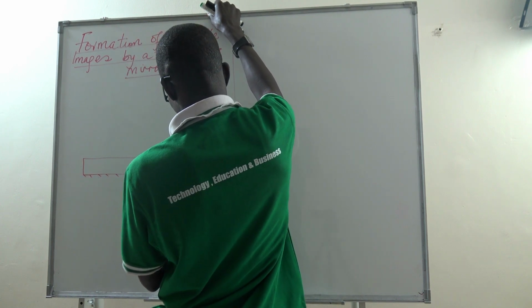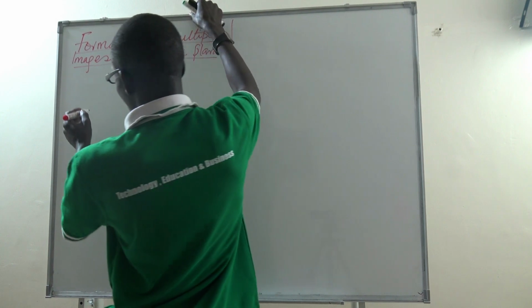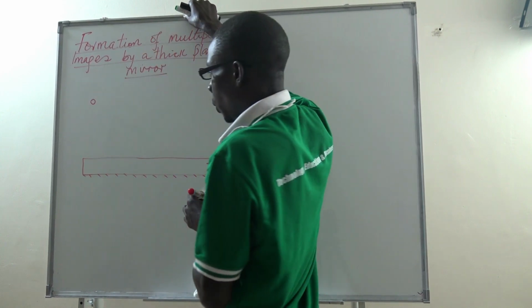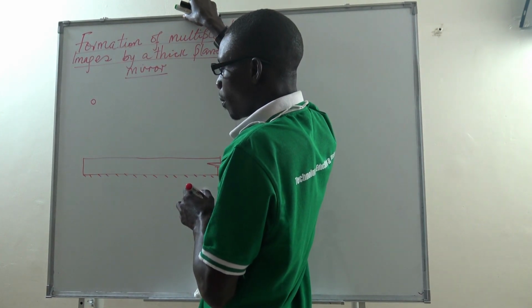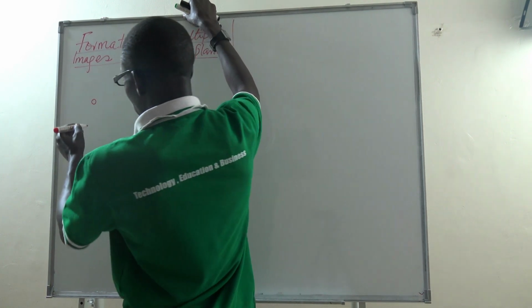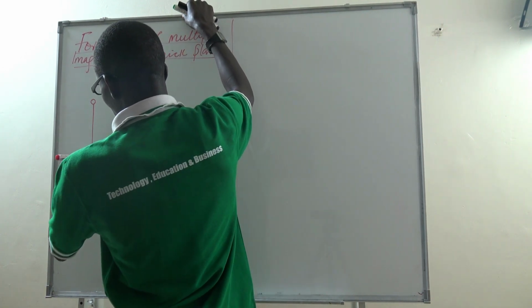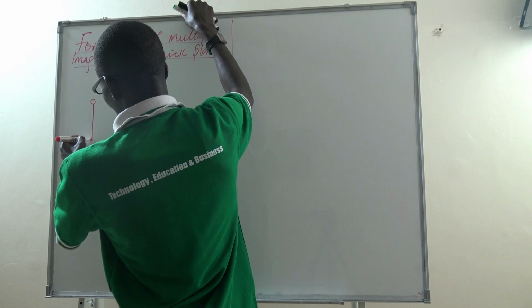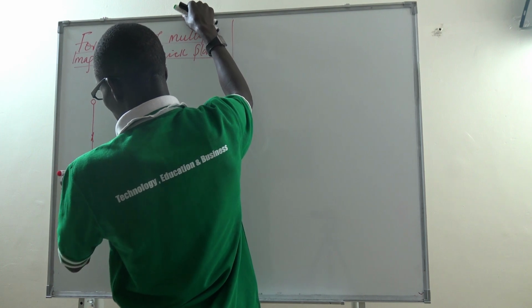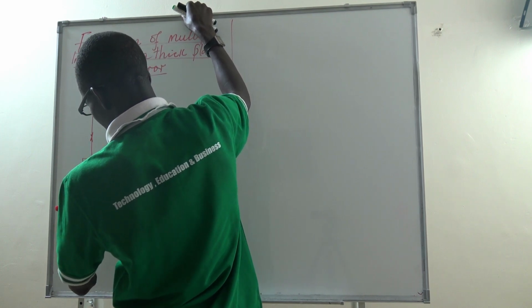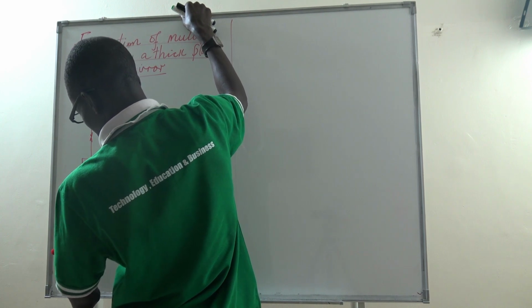Silvered here. And then if I have an object here, because an image should be formed by at least two rays, I'll draw this one coming directly and then moving along the same path, appearing to be coming from this other direction here.